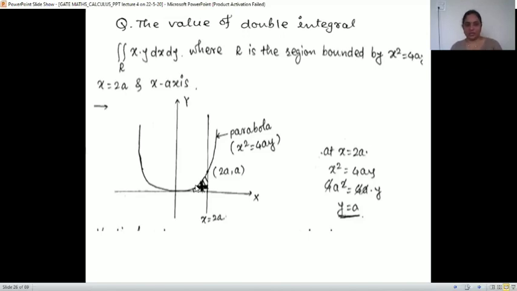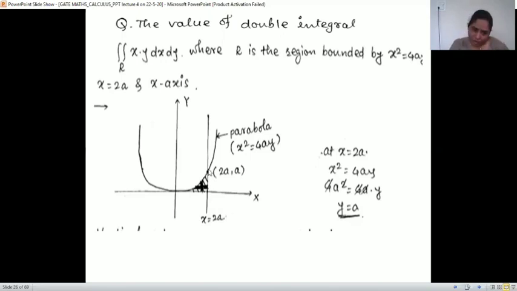X-axis means the y is 0 line. Try to draw x square is 4ay, the parabola along y. Then x is 2a, that is parallel to y-axis at 2a, and this is the x-axis, the y is 0 line.